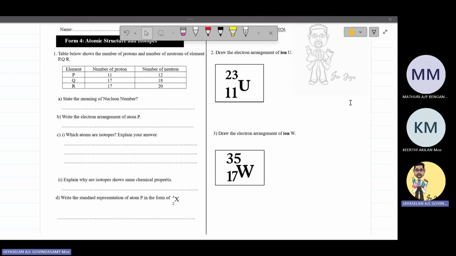Those who finish the first question can raise your hand. Madhuri can do, Kirti can do.